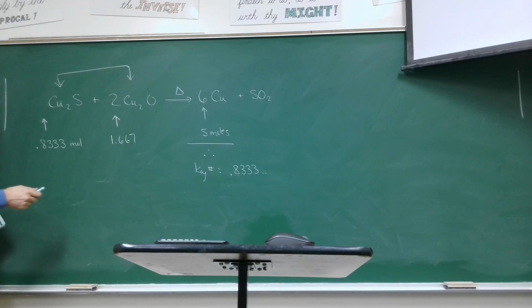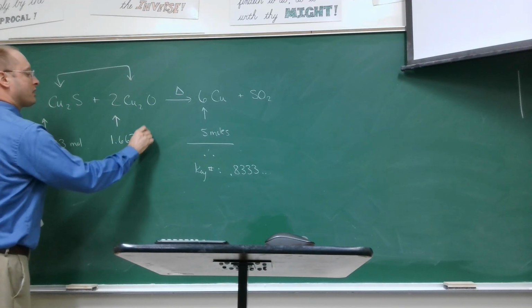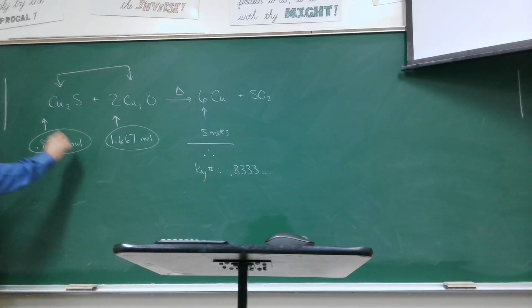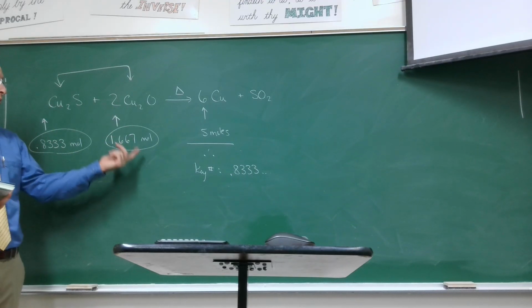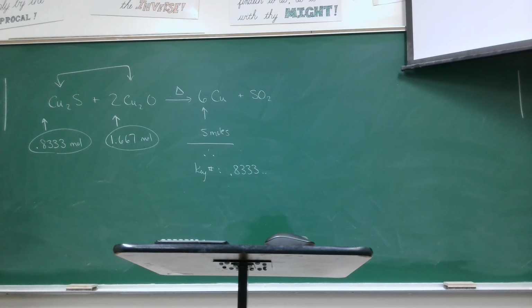And we'll round to 1.667 there, moles. So the first question asks, how many moles of the reactants are needed to produce 5 moles of copper? We need 0.8333 moles of copper sulfide, and you need 1.667 moles of copper oxide. Copper monoxide, I guess we should say. All right? Copper oxide. Questions on that?